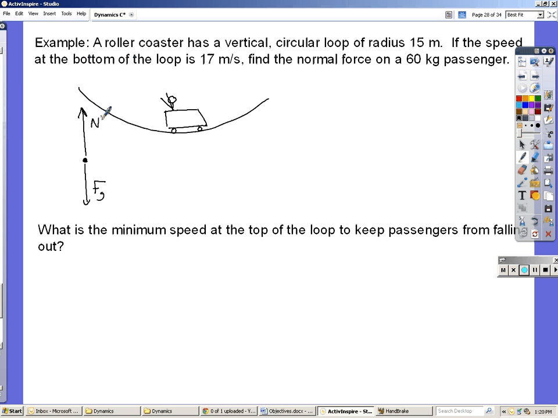So what we do is we say, okay, the acceleration points toward the center of the circle. Once again, don't put the acceleration on the free body diagram, draw it next to it. And so if we look at the sum of the forces, we have the normal force minus the weight force, and that equals ma. But because we know this person is going in a circle, we can say something about the acceleration.